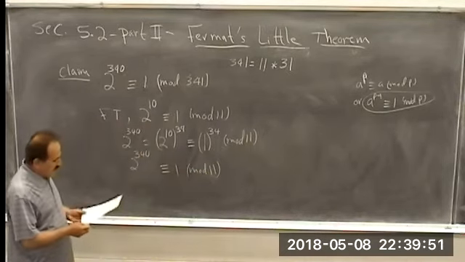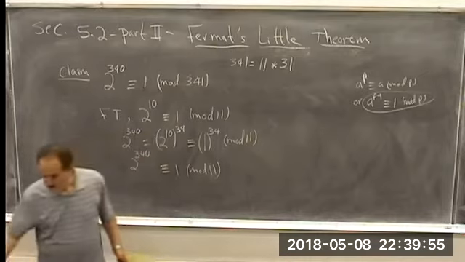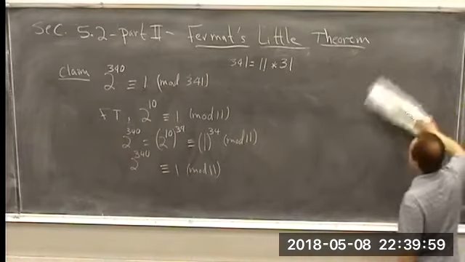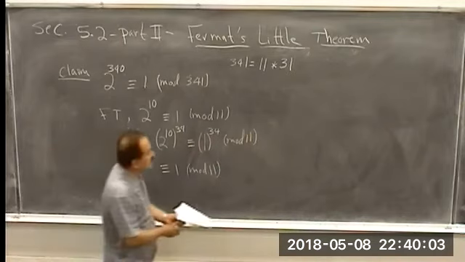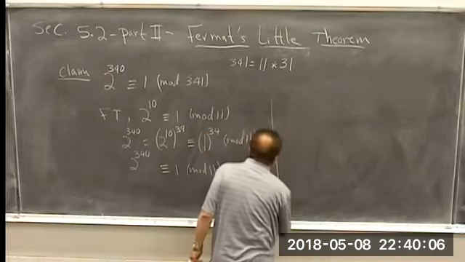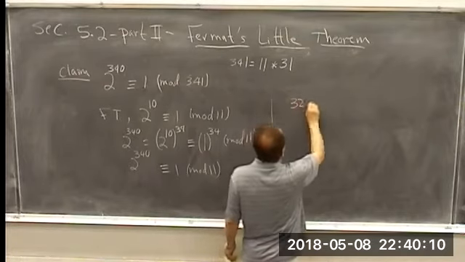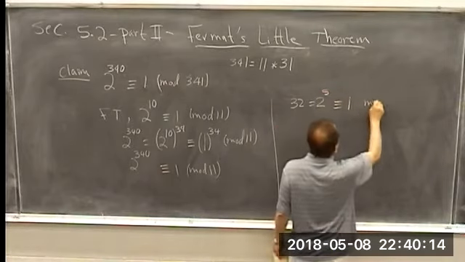And now let's look at 31. For 31, to start with, we have 32, which is equal to 2 to the 5th, and this is congruent to 1 mod 31, right?